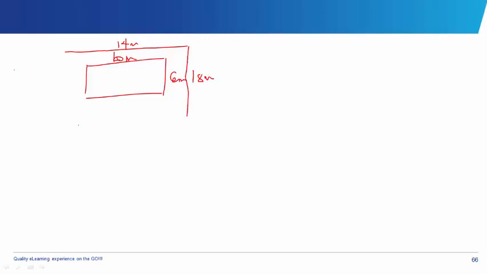So it says a rectangular flower bed 10 meter long and 6 meter wide. So let's draw it. 10 meter long and 6 meter wide is edged on all 4 sides with a grass strip 14 meter wide and 18 meter long.